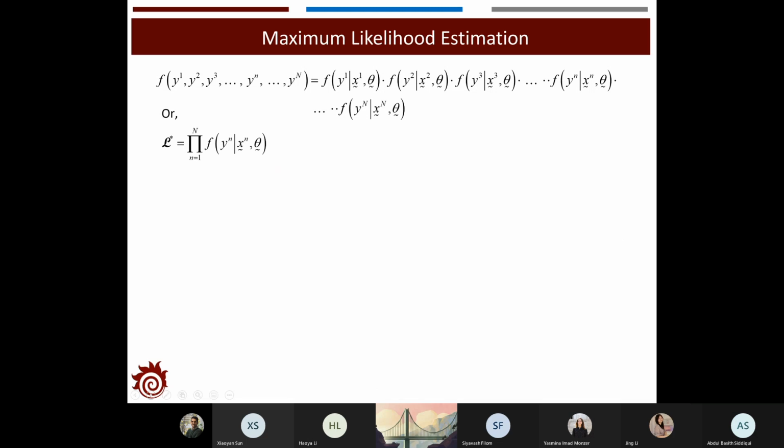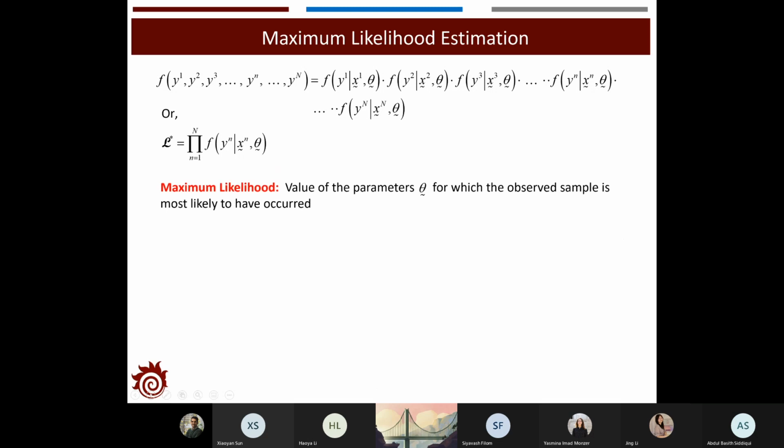So write it with the product sign. For maximum likelihood estimation, the value of the parameter theta should be selected to make sure that the observed n outcomes would be the most likely event in reality, which is to maximize that probability.